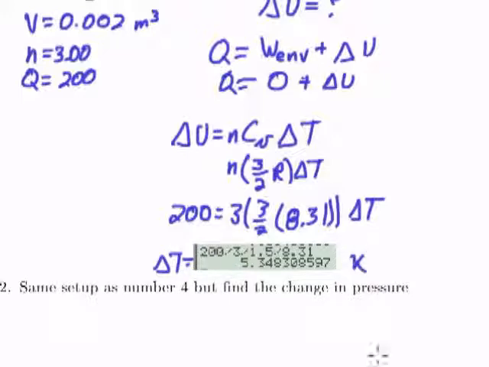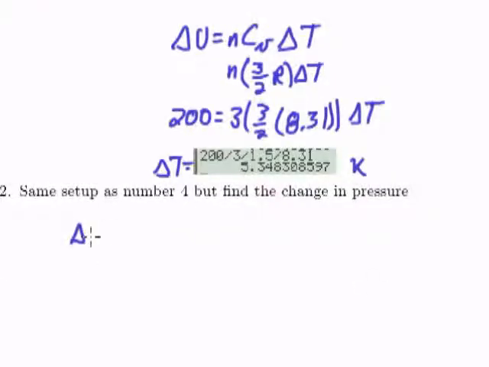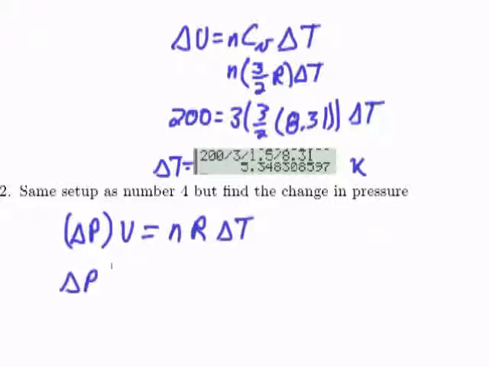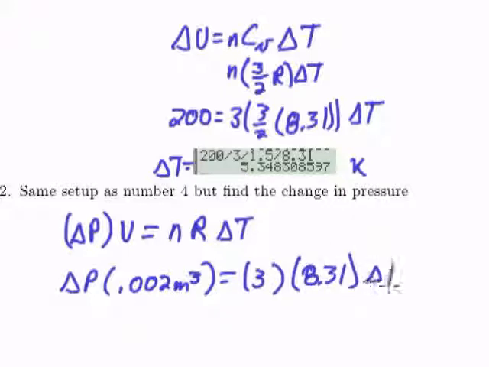5.35 Kelvin. Now that pressure, in turn, is going to be delta P times V, since pressure times volume is nRT, we'll have delta P times V, since the volume is constant, times delta T. So our change in pressure times our volume, which is 0.002 meters cubed, equals the number of moles, which was 3 moles, times 8.31 times our delta T, which was 5.35 from above.